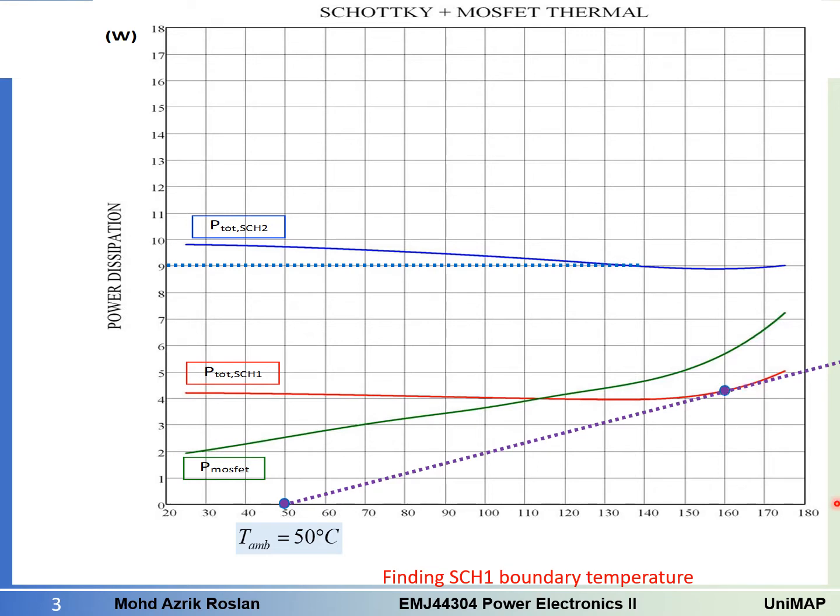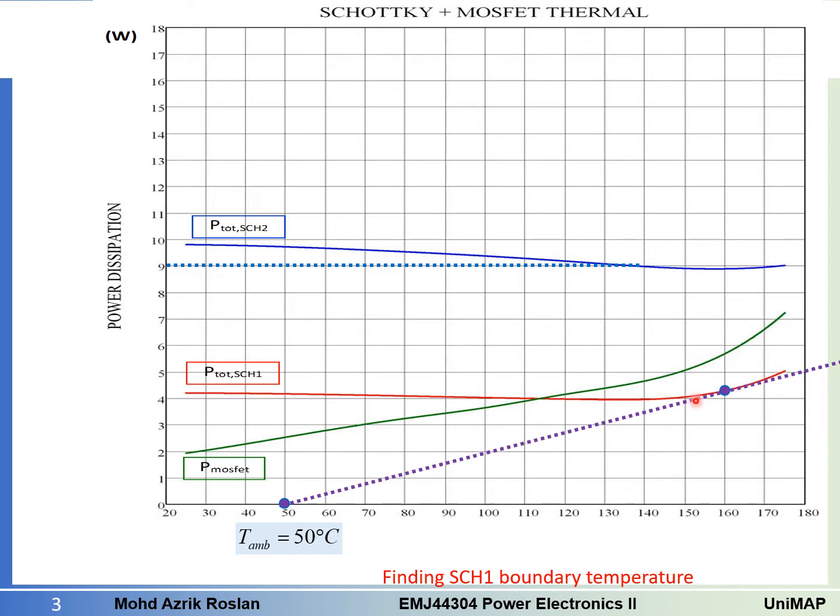From my eye, I can see that the boundary point here is at 160 degrees C. Different people may have different interpretations. Maybe you draw this and think this is 165, so no problem.